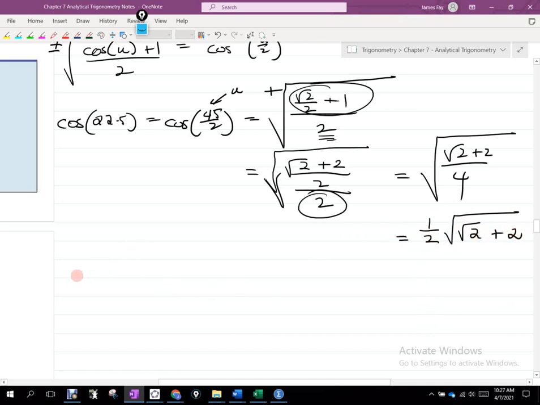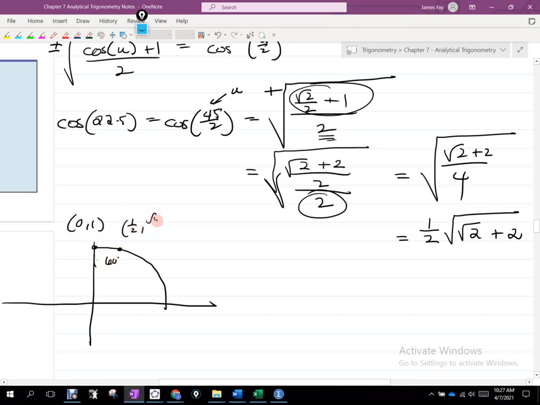So what we're seeing here is if I'm on the unit circle, okay, we know on the unit circle that this point is 0, 1. This point at 60 degrees is 1/2, radical 3 over 2. This one is at 45, radical 2 over 2, comma radical 2 over 2.